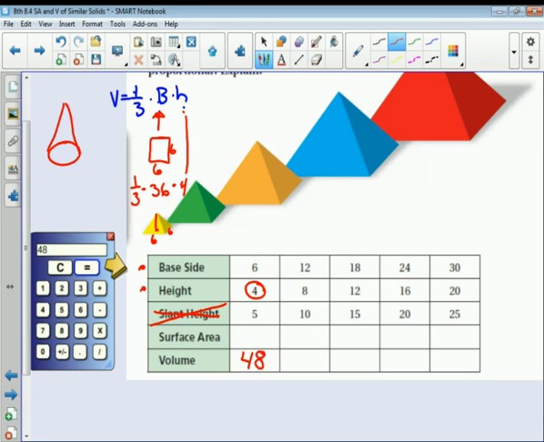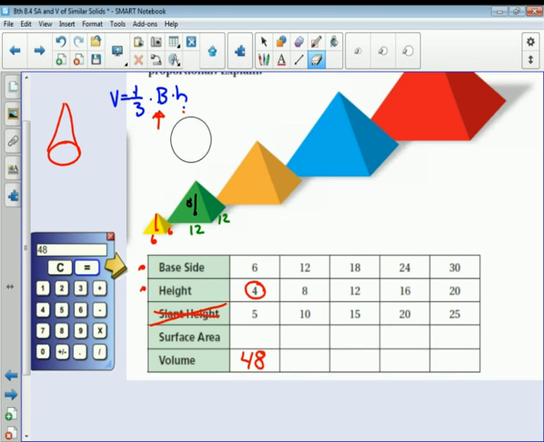Okay, so let's go ahead and try the next one. So the next one, I have my base sides are 12 by 12. And my height is 8. Okay, so let's erase this stuff off. So I have 1/3 times this, remember, is a square.